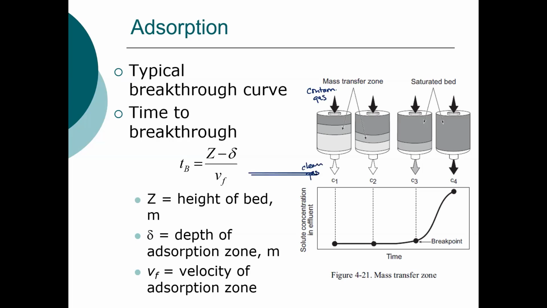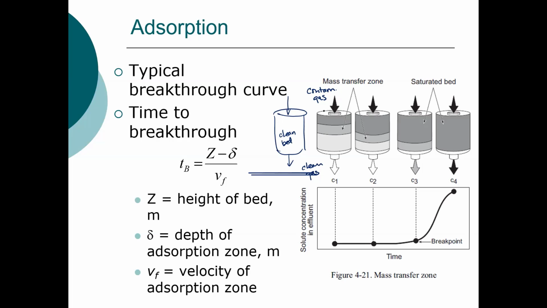Now, what's shown here is essentially, kind of think of it as a time sequence. Initially we have a clean bed, so we have carbon that contains no benzene. We'll keep with the benzene scenario. Over time, you're exhausting all of the sites on a portion of the bed.